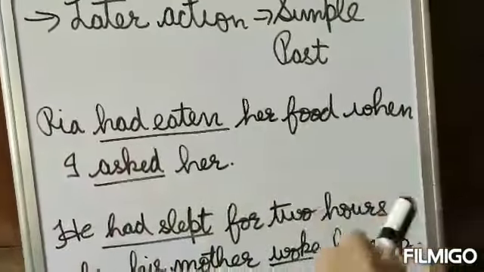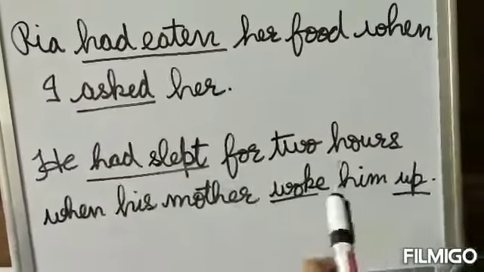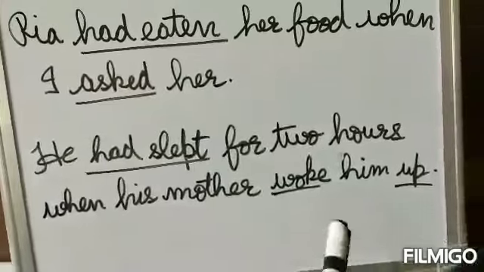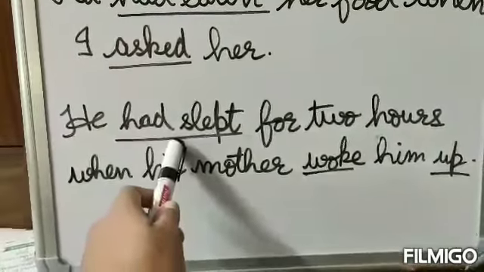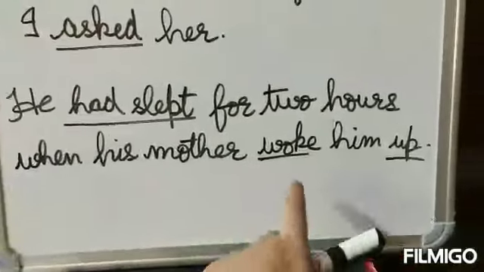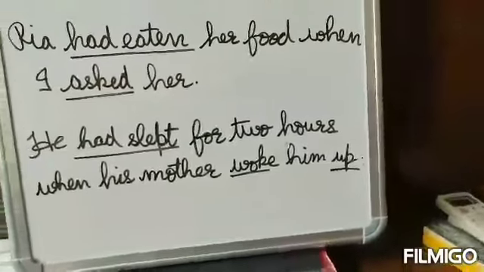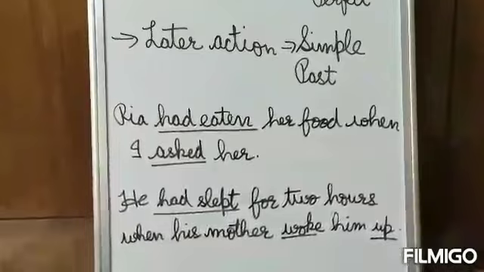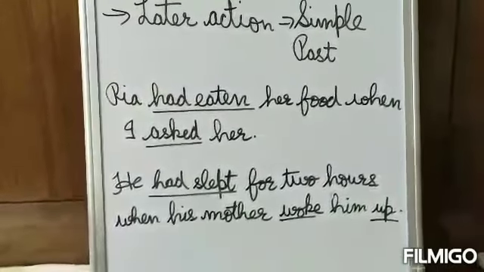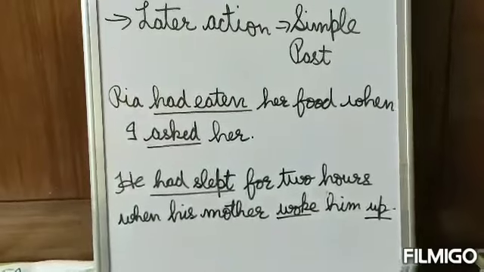Another example: he had slept for 2 hours when his mother woke him up. So had slept is the first action that was already complete and woke up was the second one. So in such sentences, for the first action we'll use past perfect form and for the second action, we'll use simple past form.